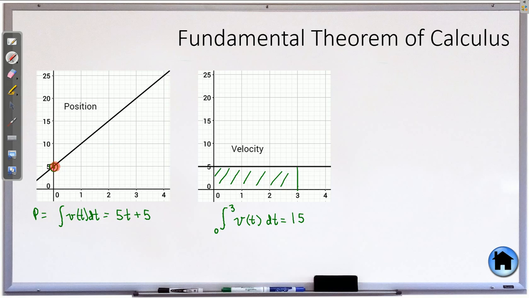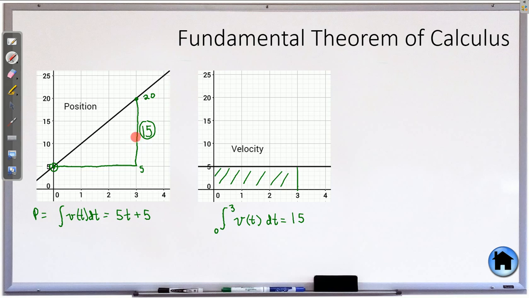Well, we see the 15 by taking a look at how far we actually traveled over those 3 seconds. So after 3 seconds, we ended at 20. But since we started at 5, the actual distance we traveled was 15. That's how we see the definite integral in the indefinite integral.